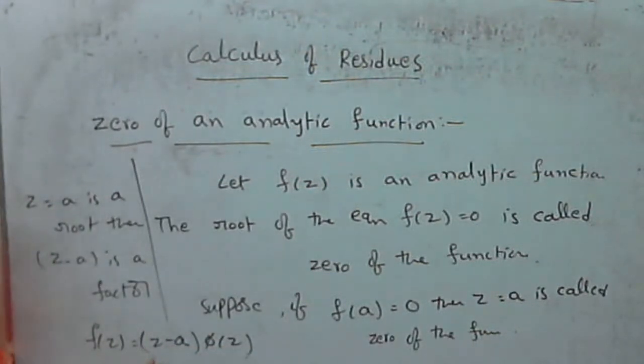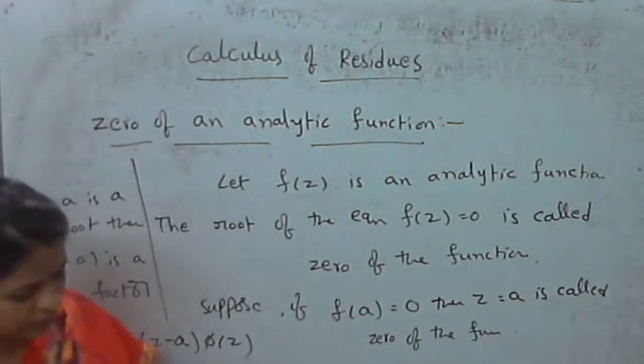If f of z can be written as z minus a into pi of z, then z equal to a is the zero of the function, and in this case z equal to a is said to be zero of order 1.